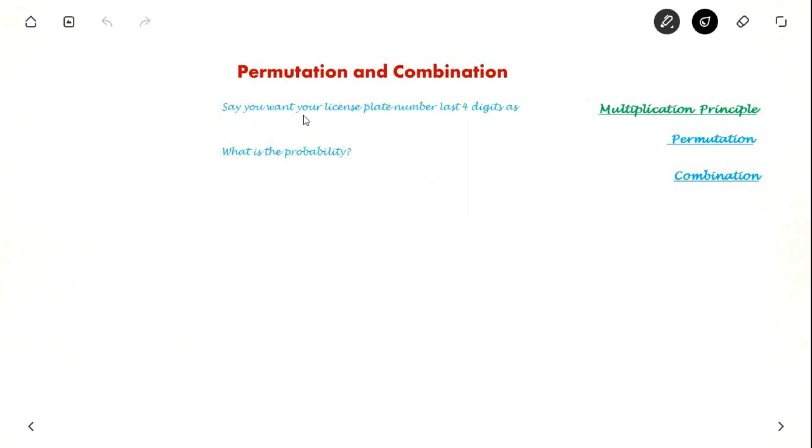Now let us say you want your license plate number's last 4 digits to be 1, 2, 3, 4. So what is the probability of getting a last 4 digit number like this? First you have to list out the total number of outcomes in the sample space S. So there are 4 places and there are 10 digits, 0 to 9, so a total of 10 digits possible.